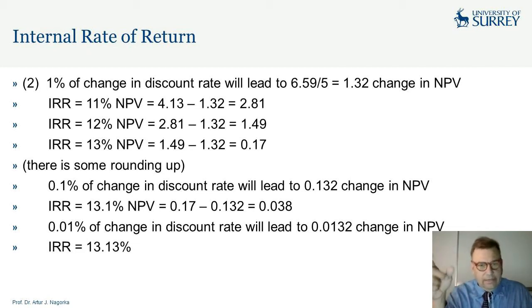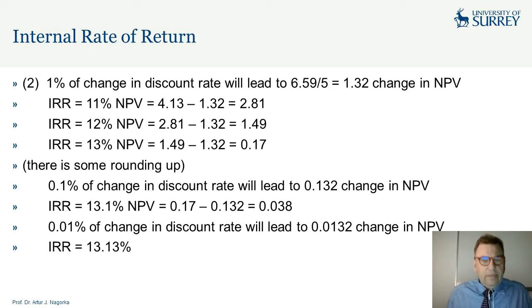So again, we do the next step, IRR at 13%, taking the basis from the previous one, 1.49, minus 1.32 for 1 percentage point, gives us the NPV at 0.17. So we came to the conclusion that at 13% we still have a positive 0.17 euro.